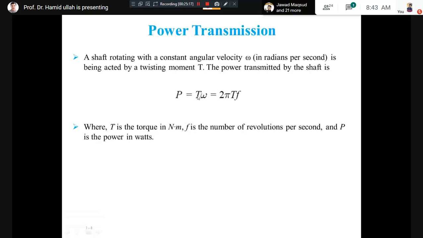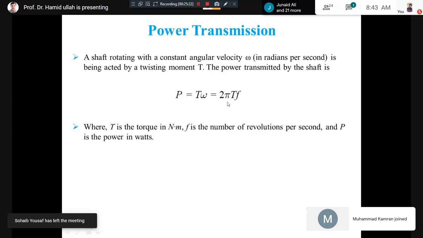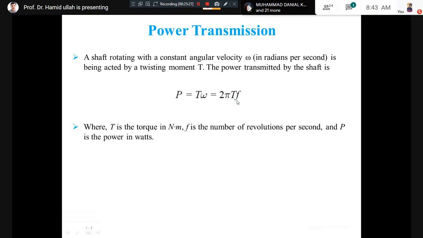But sometimes it will be given in revolutions per second, which we call frequency, again a form of angular velocity, but the unit will be cycles per second. The conversion from omega to f is that you multiply the frequency f, in cycles per second, with 2 pi, and you get radians per second. So this will be the formula that will help you.